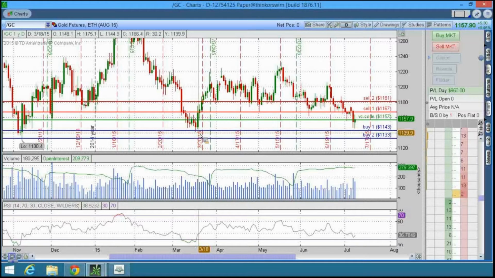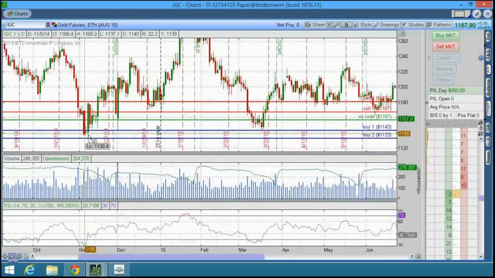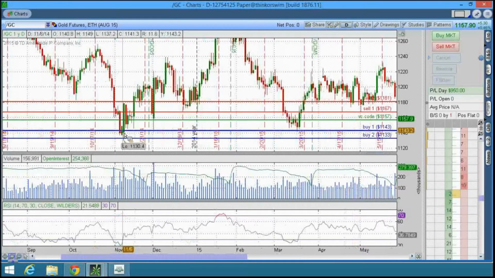And with this kind of volatility, if you look at even just what happened today, we've had a fairly large range now with a low of 1145.90. Yesterday's range was 1146.80, and the buy one area is 1143, which extends all the way to the low that was made back in November.